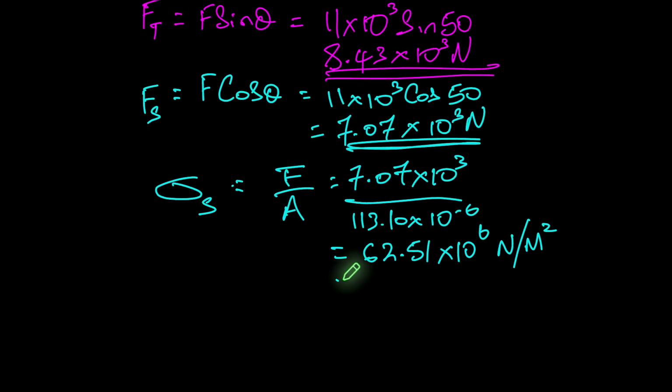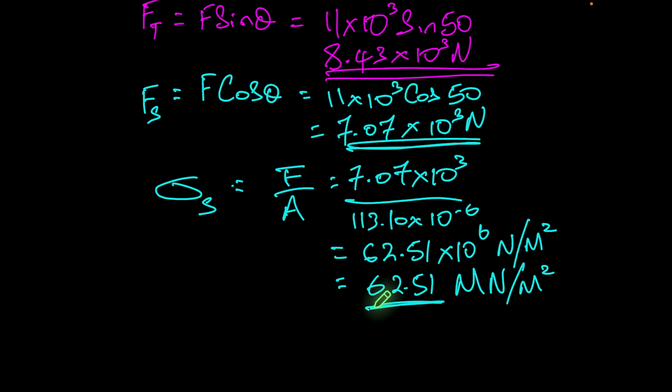If we wanted to, say, rewrite this as mega newtons, then it could just simply be 62.51. And instead of having the times 10 to the power of 6, we just use a capital M there for mega newtons per meter squared. And that right there represents our shear stress.